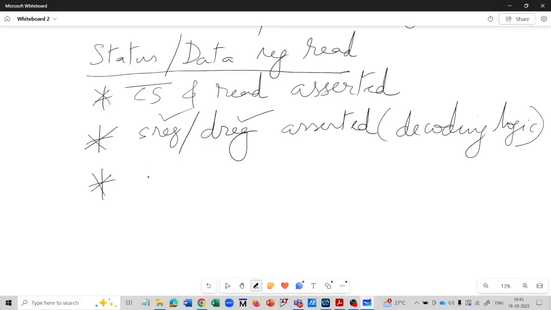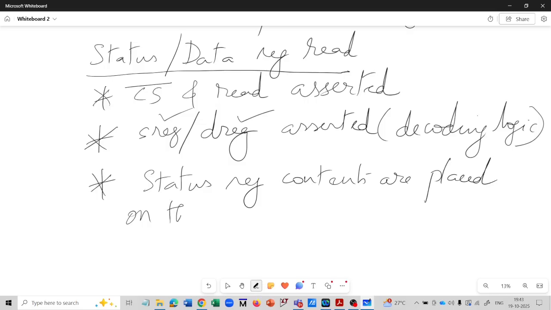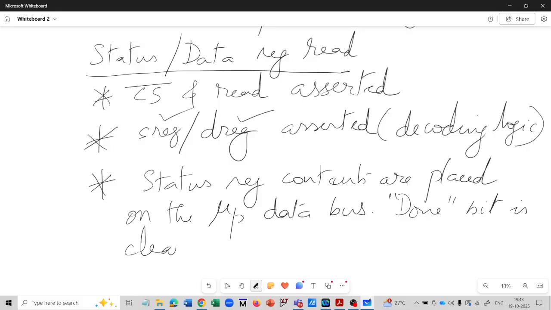In case of the status register access, the status register contents are placed on the processor data bus and the done bit is cleared. This is very important because once the processor reads the done bit, if we don't clear the done bit, then the done status will remain stale.